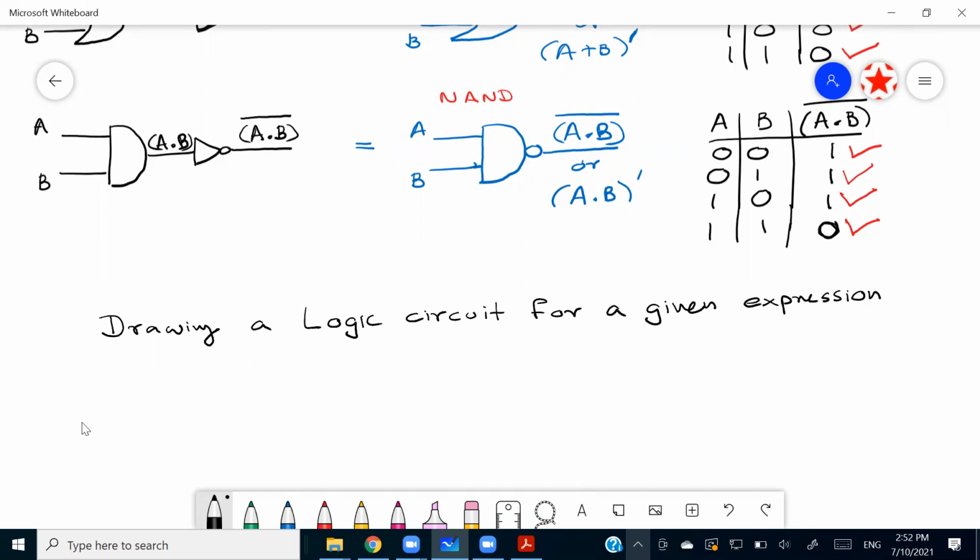Now, remember, you can draw any kind of circuit with the help of three basic gates, right? What are the three basic gates? NOT, AND, OR, right? You can draw any type of expression using those three gates, right? So let's take an example. So this is going to be the example.